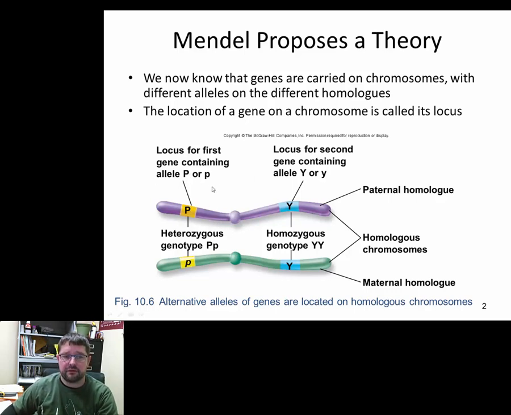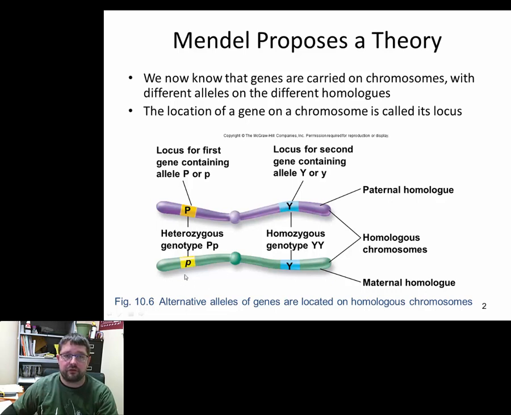Now an allele, okay, is the variety or the different type of character. So a different variety of the same character, the same gene in this case. An allele is just a variation of the gene. So you might be dominant for a certain gene, maybe this is flower color, or pea color, or pea size, or whatever. Might be dominant, and you might be recessive.